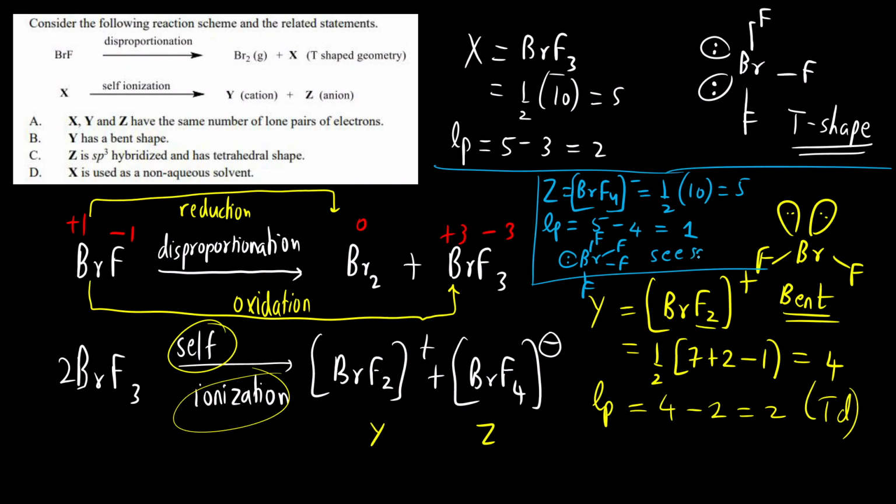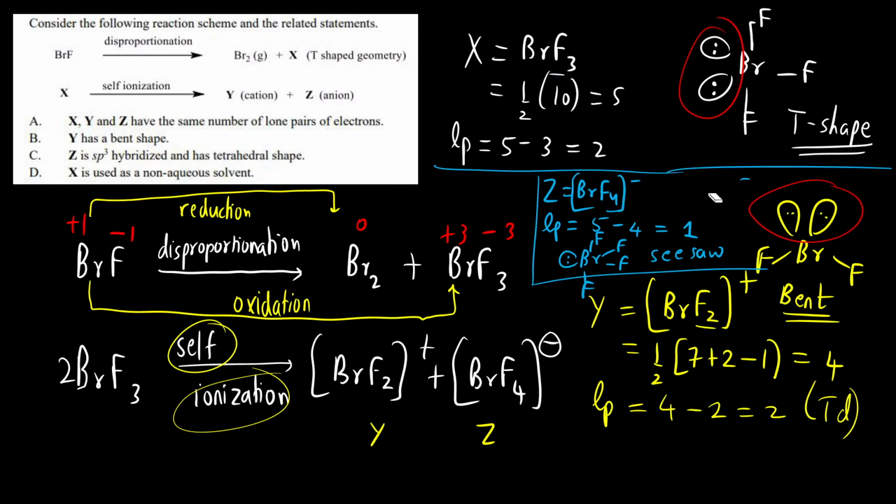Shape is seesaw. Now we can see the options. First option: X, Y, Z have the same number of lone pair count. X has 2 lone pairs, Y has 2 lone pairs. Let me check. 7 plus 4, 11. 11 plus 1 is 12.